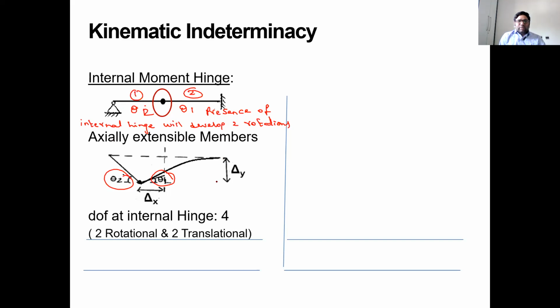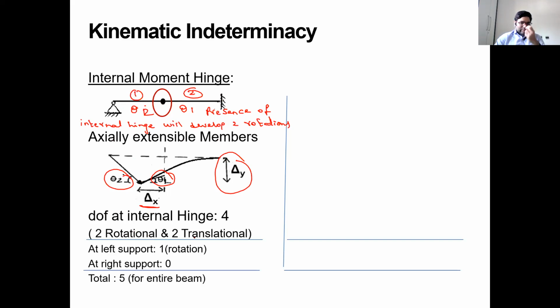And it will deflect vertically because of the presence of the internal hinge. Even though the support is fixed, because of this internal hinge, there is a tendency that it will deflect downward, and because it is axially extensible, it will deform horizontally. So therefore it has two rotations and two translations.